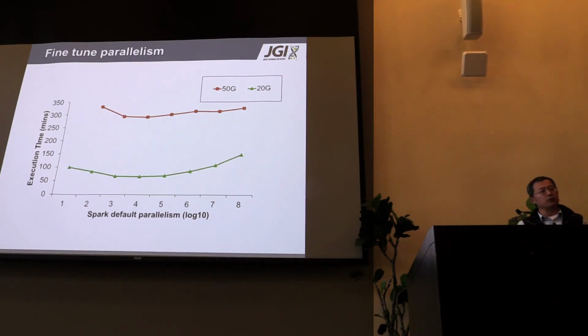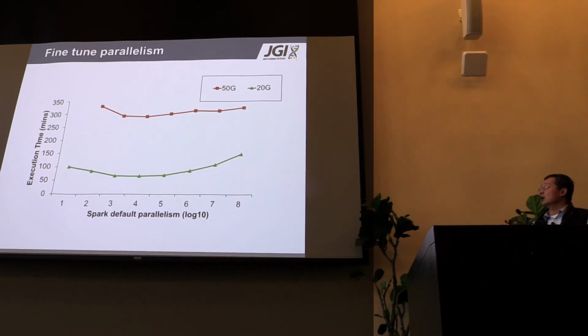A lot of early adopters of Spark found that its performance is very sensitive to parameters like the default parallelism, which is really how small the data should be split onto the Spark cluster. So we tried the performance at different parallelism levels, on a log 10 scale.